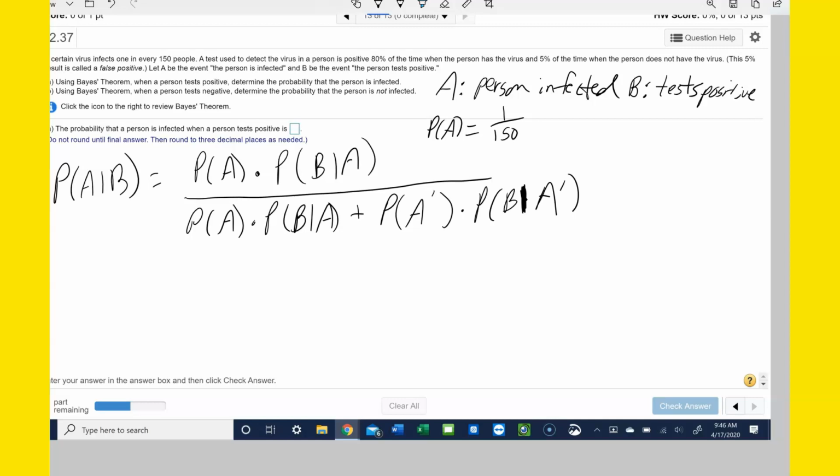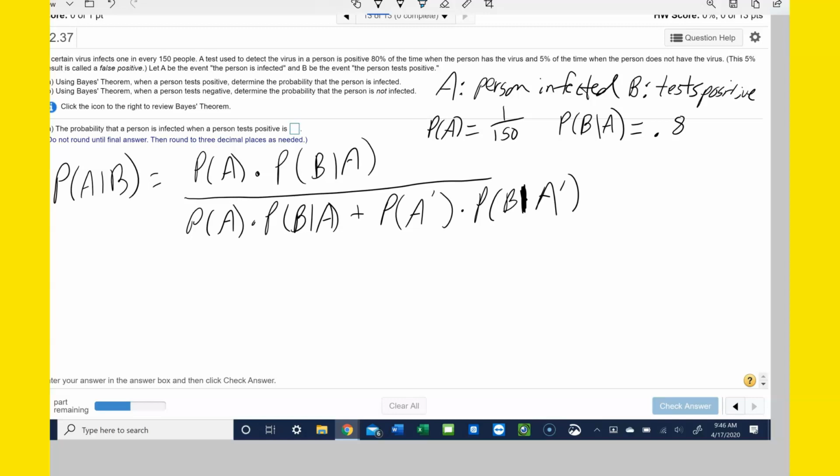So I can now say the probability of B, testing positive given that you're infected, B given A, is equal to, I think it tells me that up here too. It says a test used to detect the virus in a person is positive 80% of the time. So it'll be 0.8 when the person has the virus.